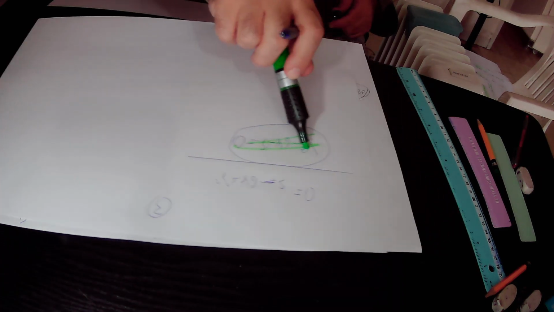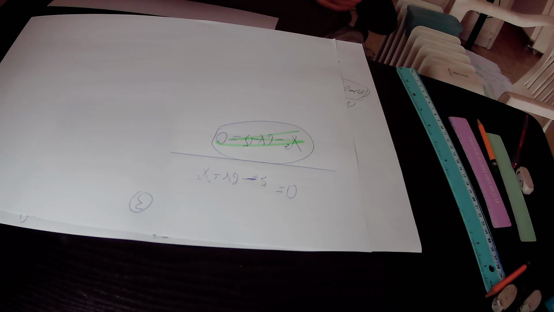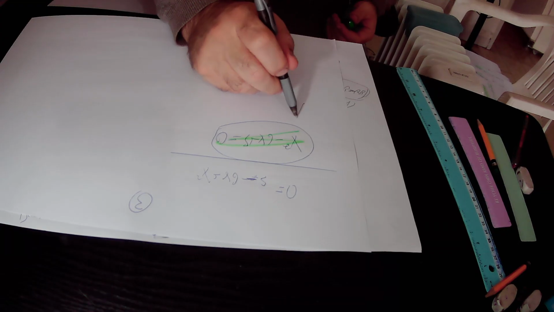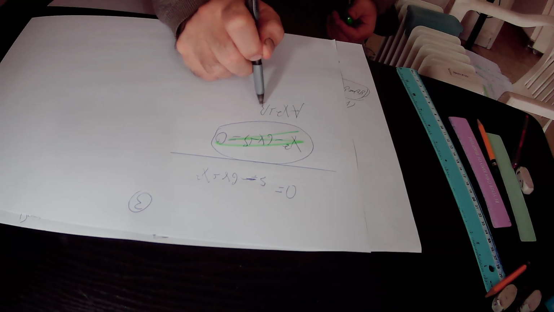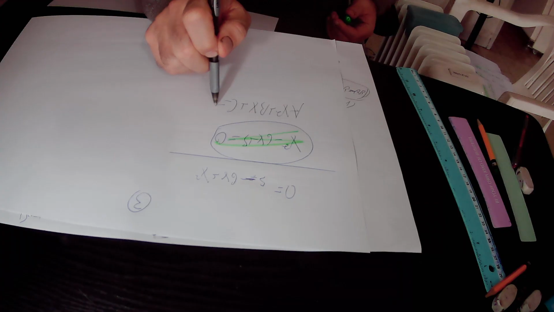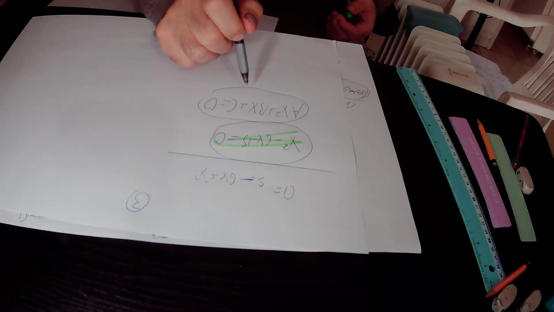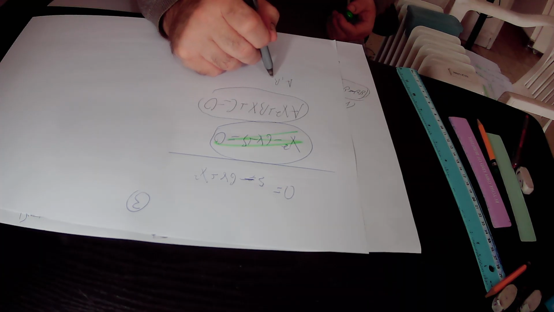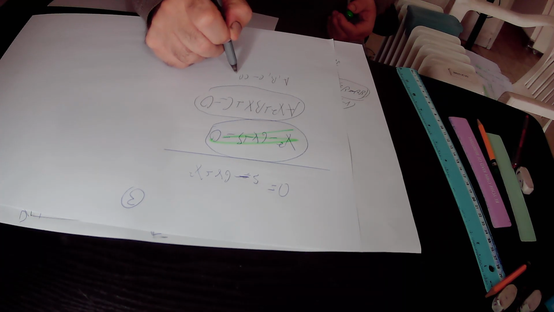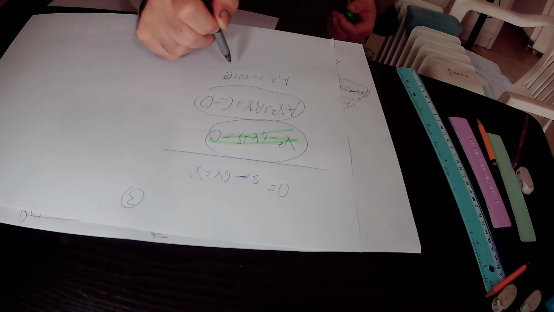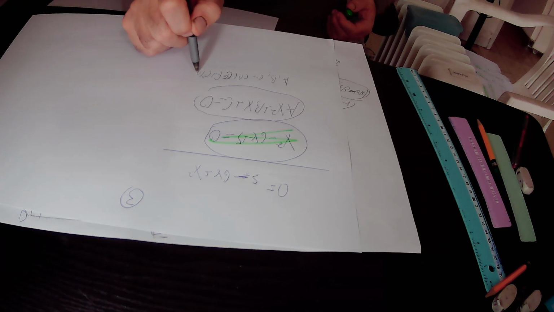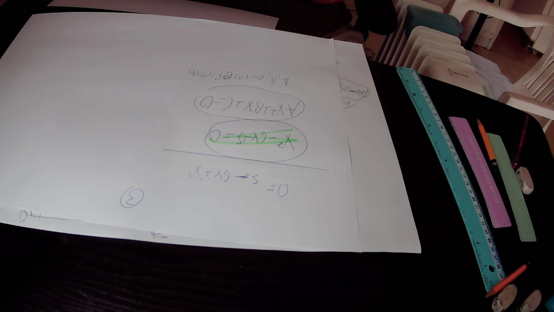This is a quadratic equation, and the general form of a quadratic equation is as follows: ax squared plus bx plus c equals 0. This is the general formula. a, b, and c are the coefficients of this quadratic equation, and x is the variable that we are looking for.